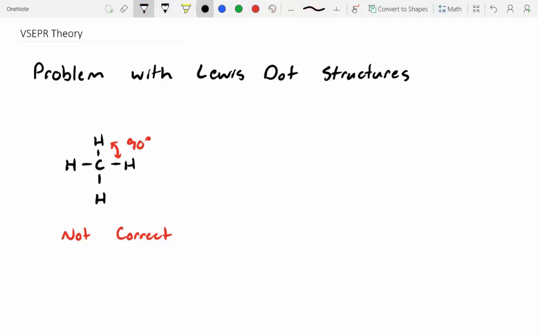So instead of drawing it flat, I'm going to do a hydrogen pointed up, a hydrogen pointed here, and then I'll have a hydrogen as a dash and another hydrogen as a wedge. What does the dash mean? It's the backwards. Yeah, it can be a little confusing to think about, but chemists like to use dashes to show something going into a board, so it's sticking away from you.